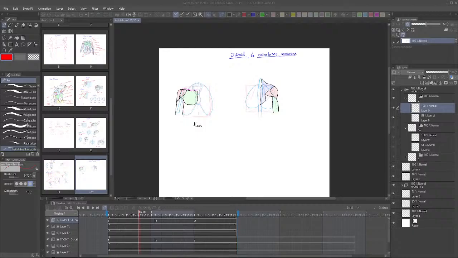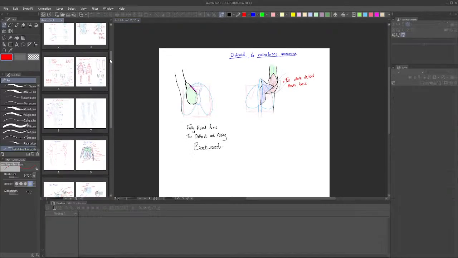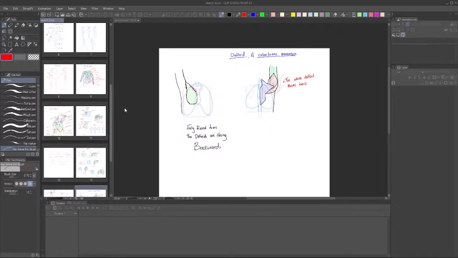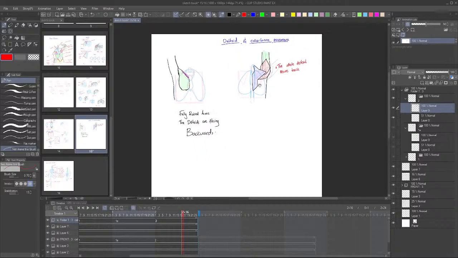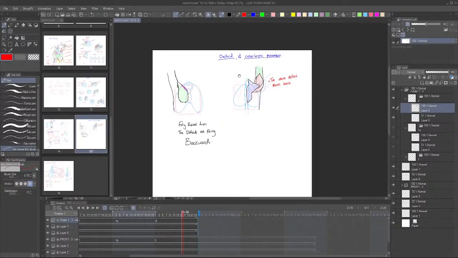Since we started these studies, we've done just a few pages, and our anatomy is getting even better, because all of these, like this page, I didn't use any reference, just muscle memory. So the more you do it, the better you become.